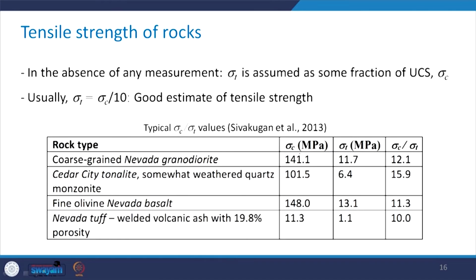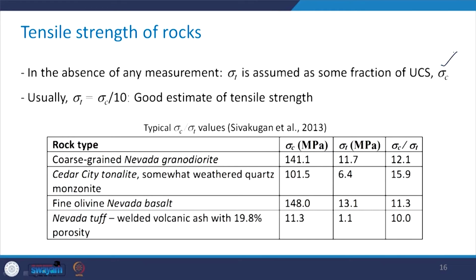Now in case we do not have any measurement related to this tensile strength, then this tensile strength can be assumed with some percentage of the UCS, that is sigma c.